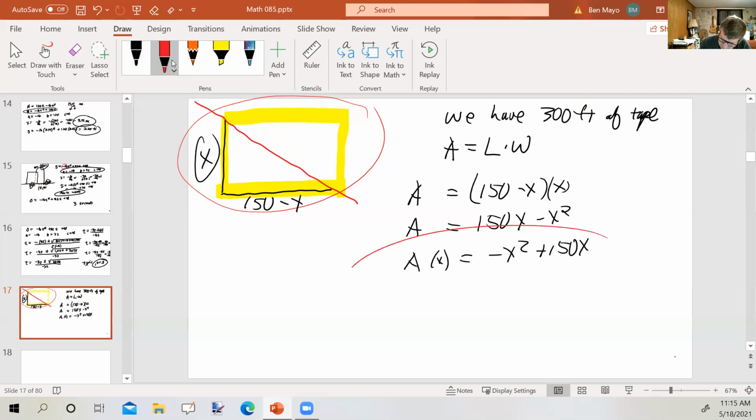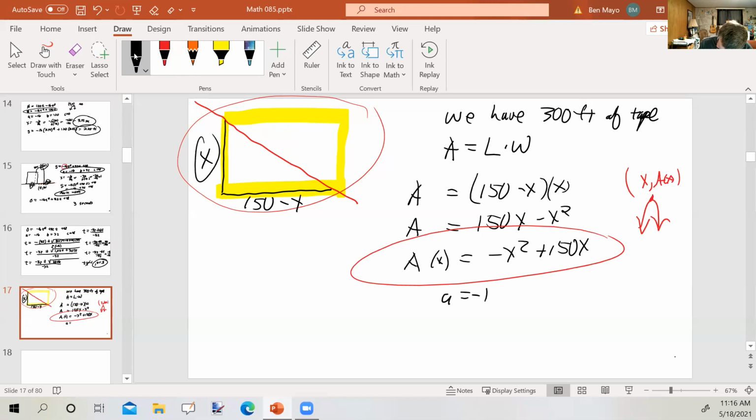Notice this is a parabola opening down. So the vertex would give the x value that produces the maximum area and the y value, which is the maximum area. Okay, so A is -1, B is 150.